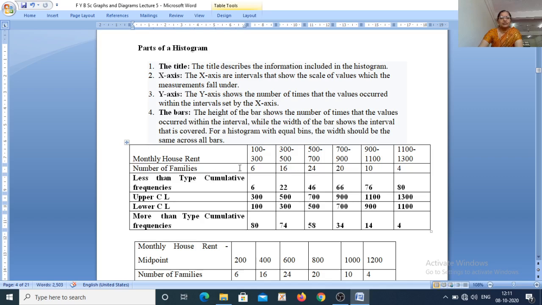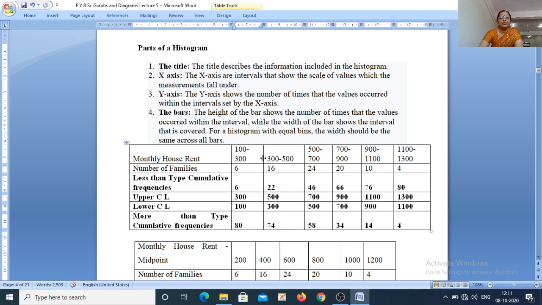So now suppose this is another example. This example is showing the monthly house rent of certain families, and here we have the number of families. So suppose the monthly rent of a family is between 100 and 300.